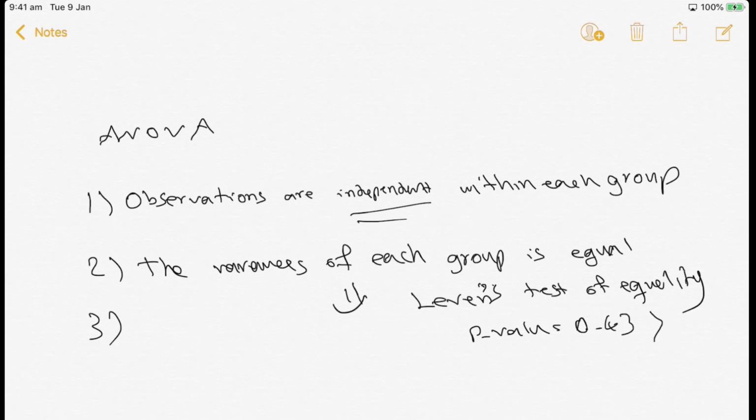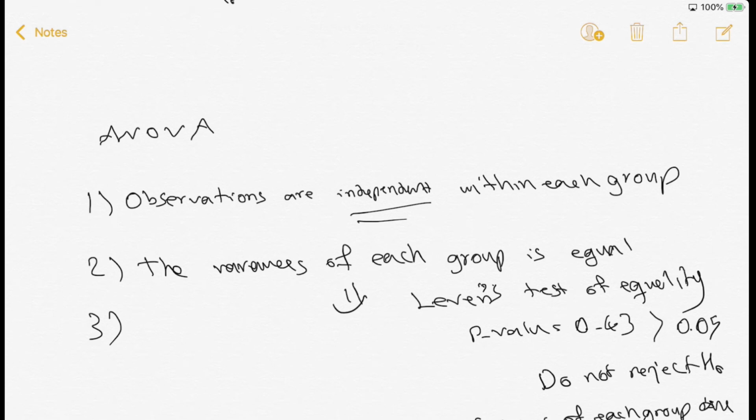That's greater than 0.05, so we do not reject the null hypothesis. What was the null hypothesis? The variances of each group are equal. All right, that's about the second one.